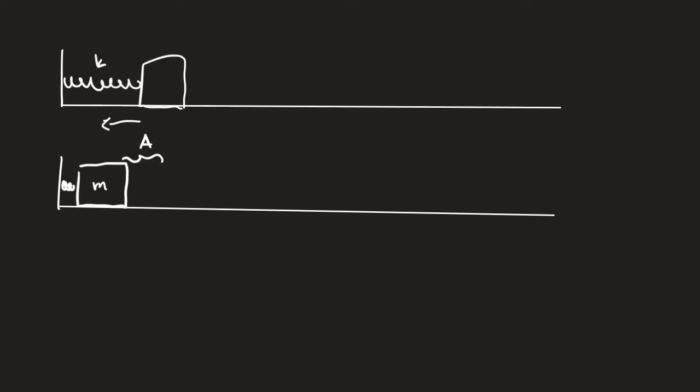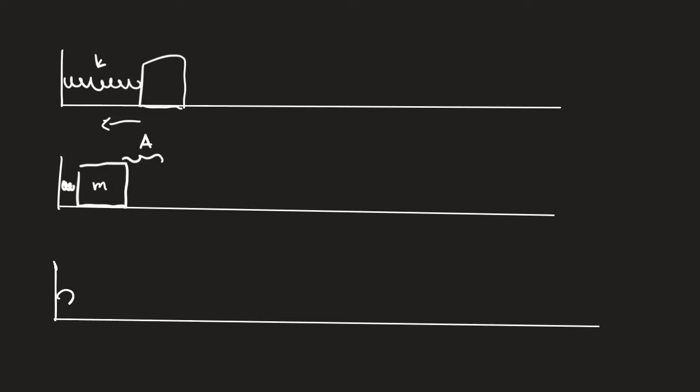I think we'll see something like this. The mass is released. It passes through equilibrium. And we all remember that when it passes through equilibrium, that's when it's at its maximum velocity. And as it passes through equilibrium, they drop another box on it that sticks to it. So they do it right at equilibrium.